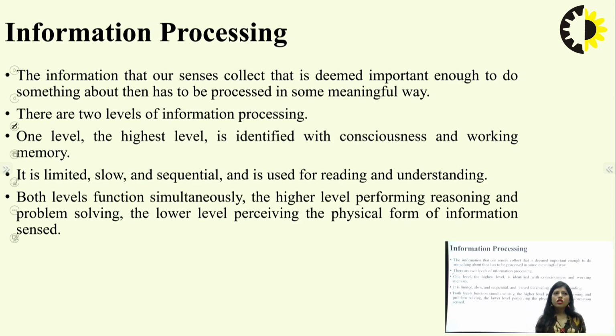So the information that our senses collect that is deemed important enough to do something about then has to be processed in some meaningful way. So the information is processed in a meaningful way means the information which is collected has some meaning, has some relevant information, irrelevant information. There are two levels of information processing.